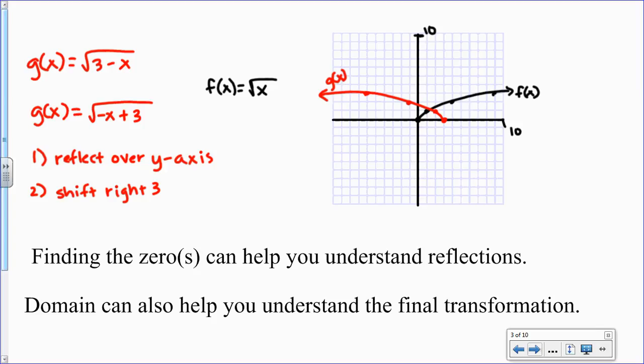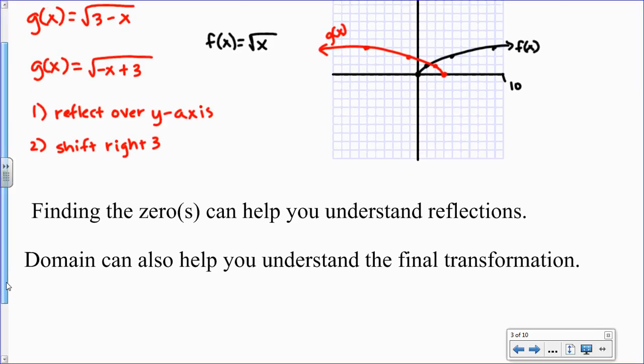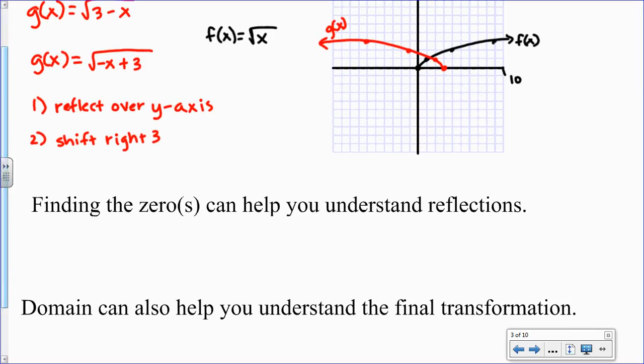So I want to talk a little bit about why we're shifting right 3 instead of left, like why we have to do the opposite there. I can tell you that if we find the 0, we know this is the point 3, 0, not negative 3, 0.